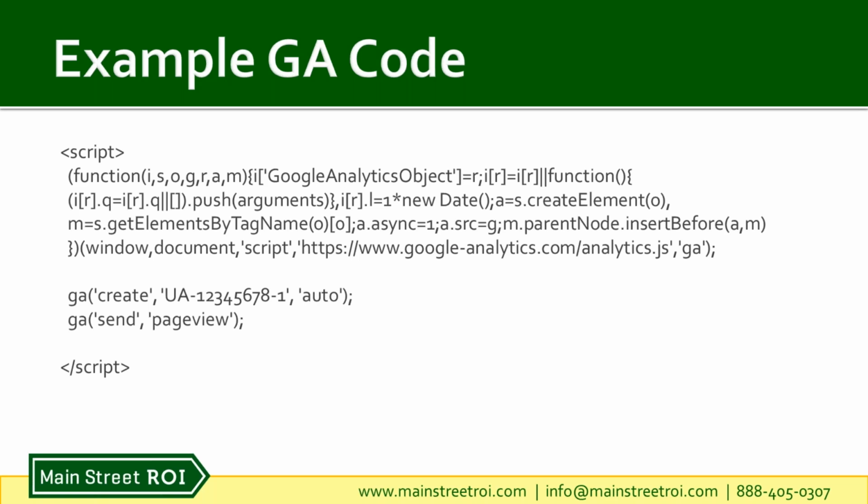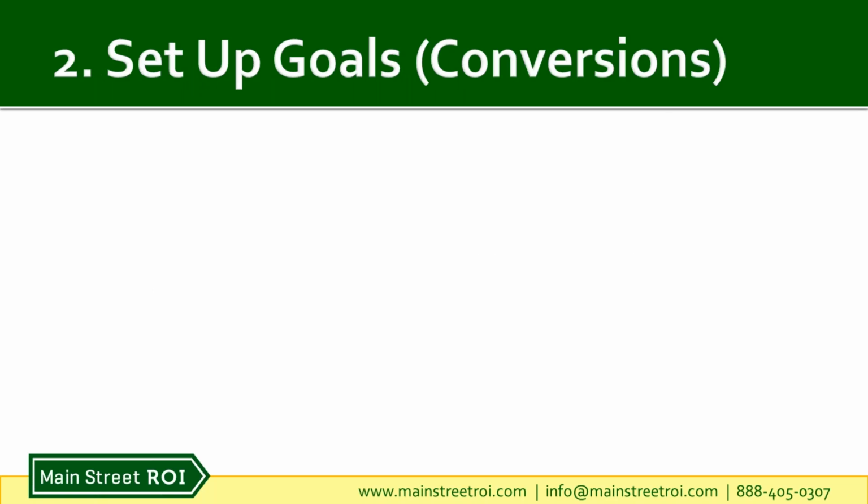So you might be able to just copy and paste that one time, click save, and then let's say it's WordPress, WordPress would then apply it to all the pages. And if all of that is foreign to you, just ask your developer to put that on every page. And that's important because if the code is not on the page, it won't track anything. Okay, so that's the first step. Pretty straightforward. Get the code on the site.